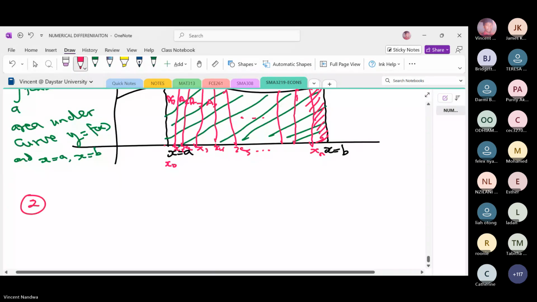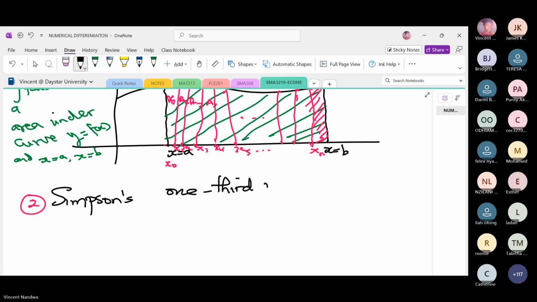Then another numerical integration method is what we call the Simpson's 1/3 rule. And then the Simpson's 1/3 rule is also just sometimes called the Simpson's rule.